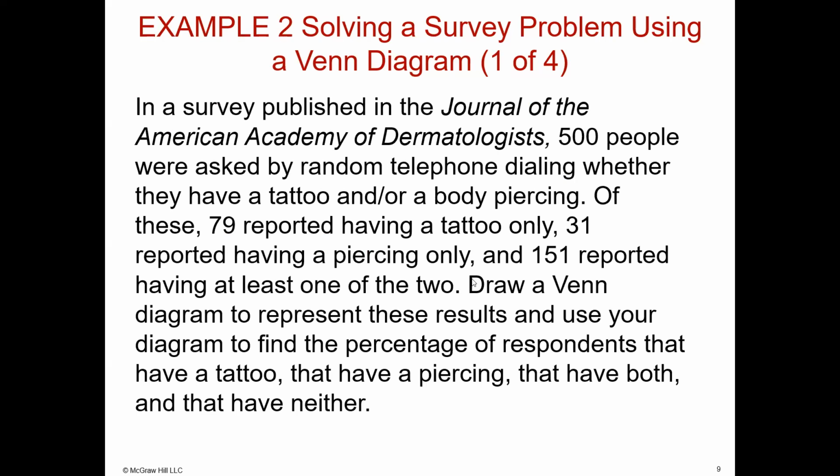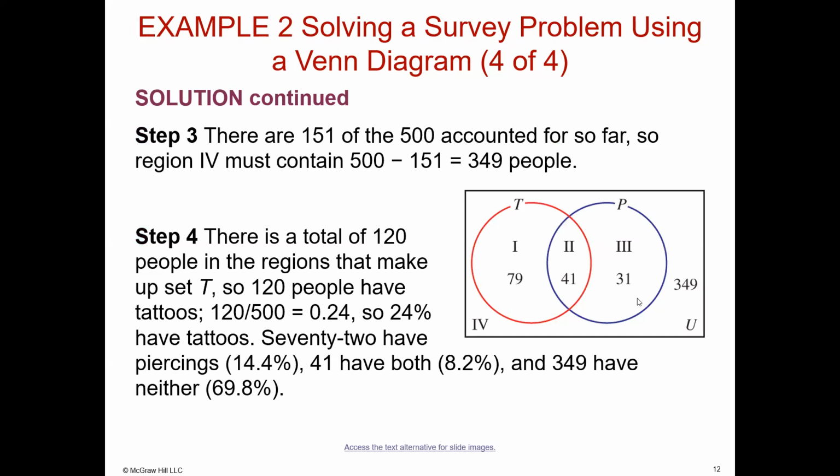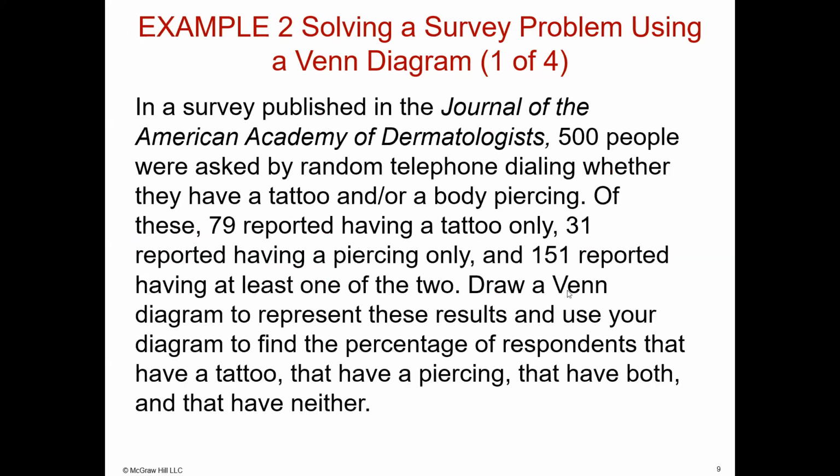But ladies and gentlemen, how are we going to populate region 2, the intersection? You can subtract, because at least they have one of the two. So how many had at least one of the two? 151. Bingo. Because at least 151 of the 500 surveyed had at least one of the two, either a body piercing and or a what? Tattoo.